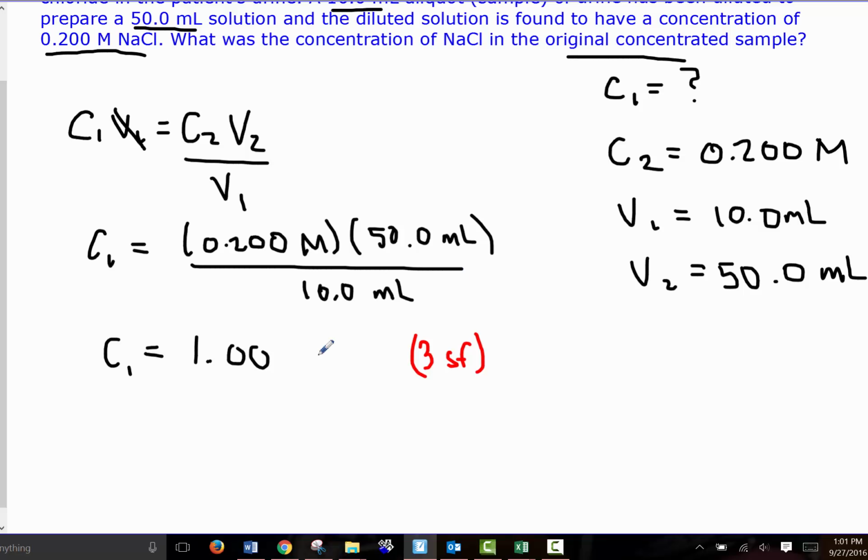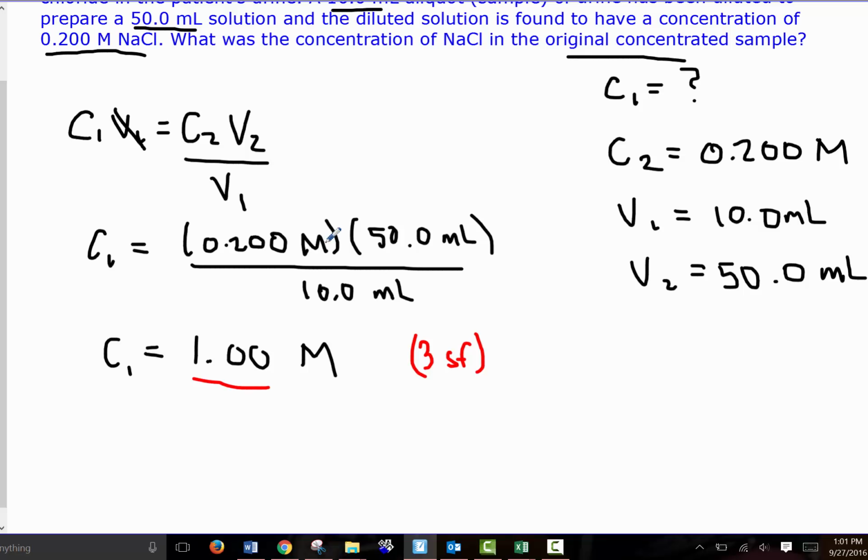So even if your calculator spits out a 1 with no decimal places, it's very important here that you report 2 decimal places after the 1. So 1.00 has 3 sig figs, and that is correct. And our units have to be in our answer as well. And this is a concentration, so my units are moles per liter.